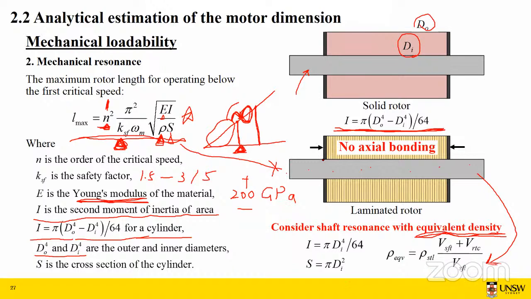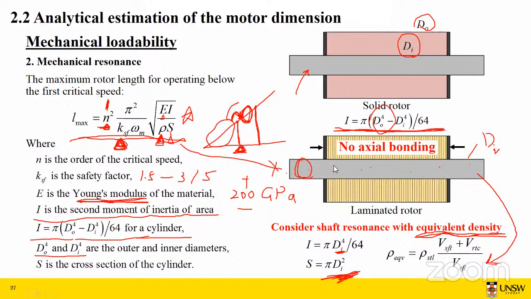And because we are only considering the shaft, and the shaft is a solid steel cylinder, this time we only use DI, which is this value. We don't use DO, okay? And also your S changes because now it becomes the cross-section area of the shaft, okay? So this is how we consider the mechanical resonance of a machine.